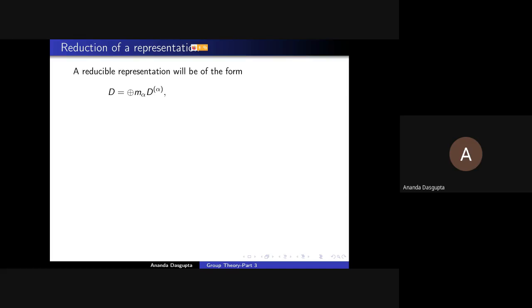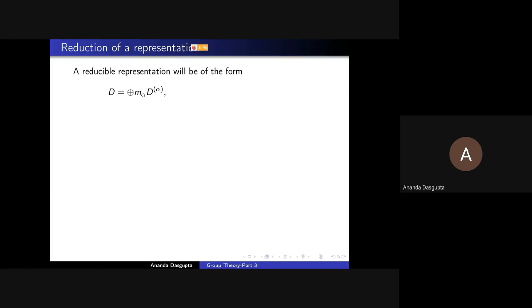If you had mixed up the basis, if you had used some other basis, then the block diagonal form is not apparent. So for a general representation, there are two important questions. Is it reducible at all? And if it is, what is the reduction? How many times does each irrep occur in it? So let's answer that question.